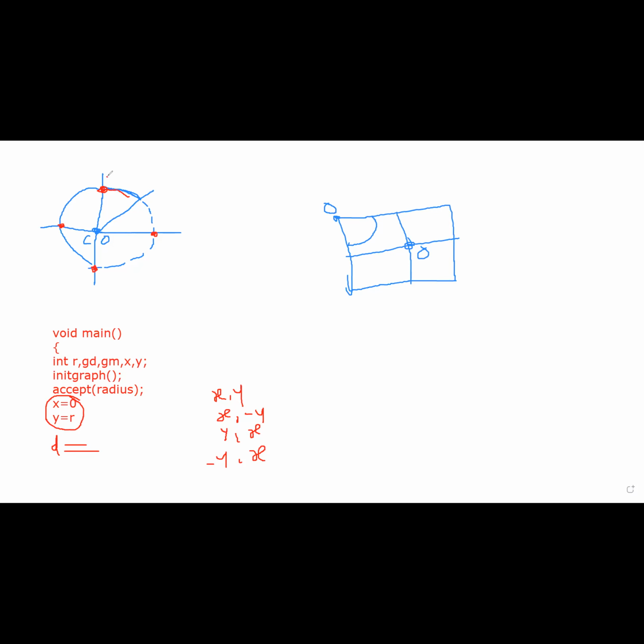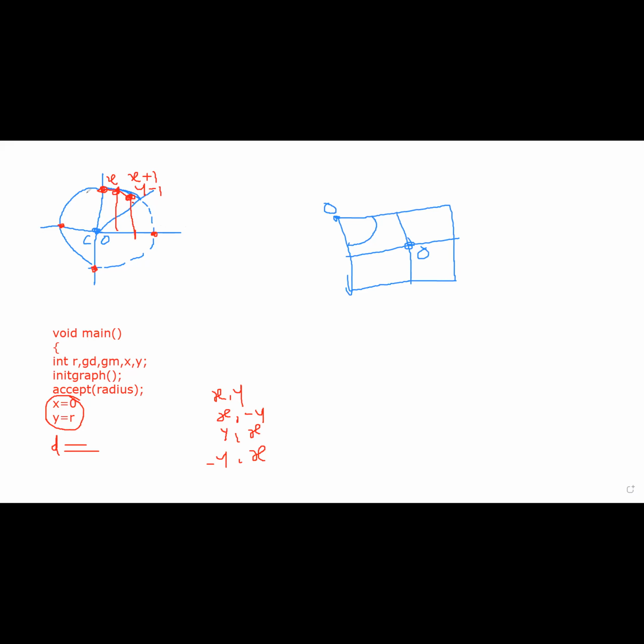The current value of x will change to x plus 1 either in the horizontal movement or in the diagonally downward movement. x is anyhow going to increase.